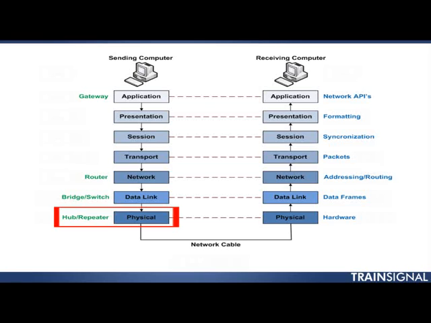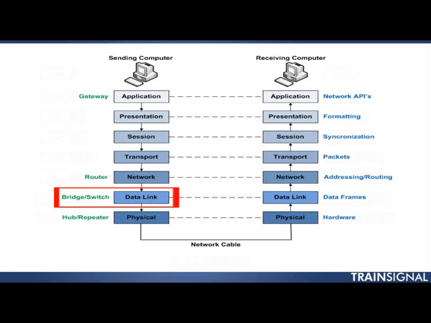It's not even dealing with the devices. It's literally just putting it back out on all the different cables that are plugged into it. The same thing with the repeater, except a hub is like a multi-port repeater. A repeater just takes in the information and repeats it back out again. And that's why it's down at the physical layer, because that's all it knows. It just knows how it's connected to the network. It knows how to transmit, and that's it.